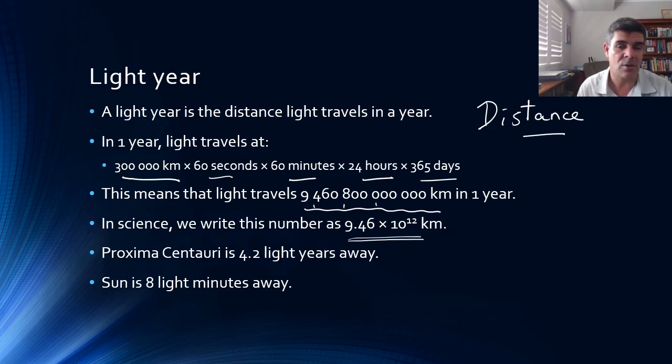Certainly much easier to talk about 4.2 light years than 4.2 multiplied by 9.46 times 10 to the 12 kilometers. Probably more interesting to us is the fact that the Sun is just 8 light minutes away, so you can probably do a calculation to help you work out exactly how far away that is in kilometers.